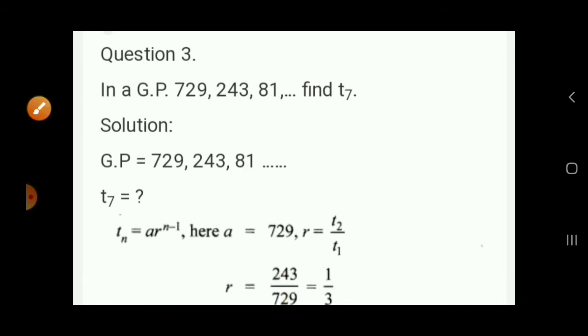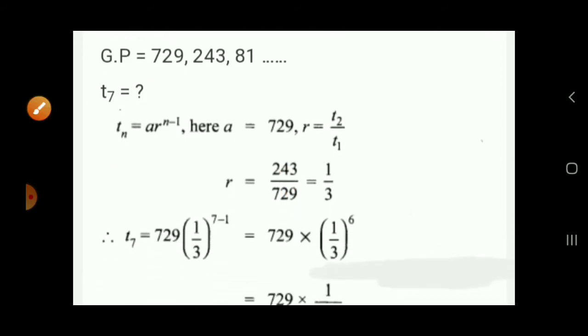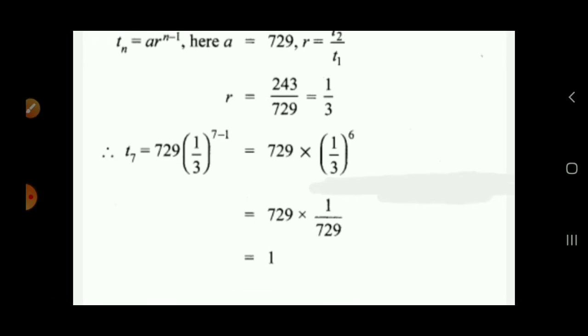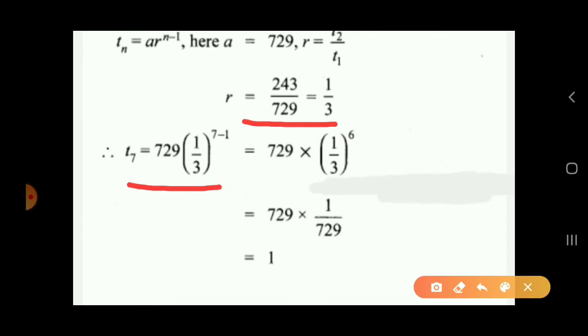So you can find A and R. Now R is 1 by 3. So T7: A is 729, R is 1 by 3.